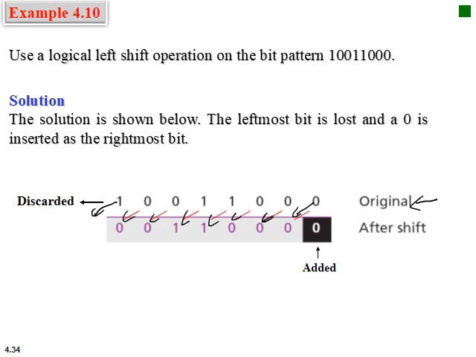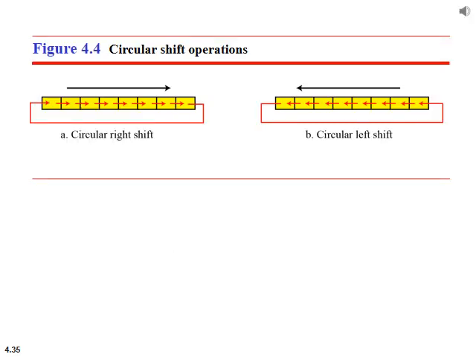It's thrown away, and in the rightmost bit a 0 is added. So the result after this shift operation is then 00110000. Right, so that is a logical left shift.